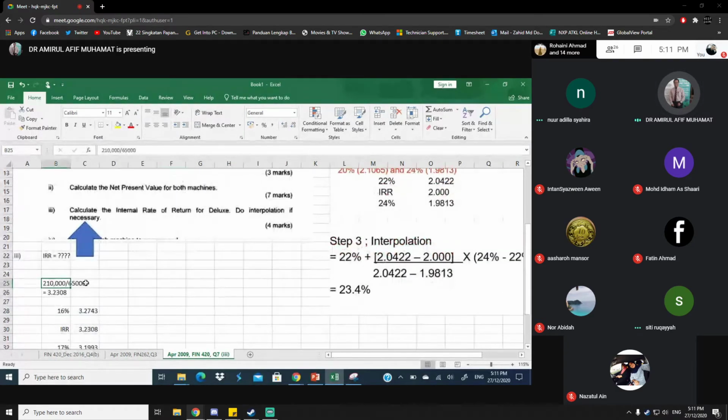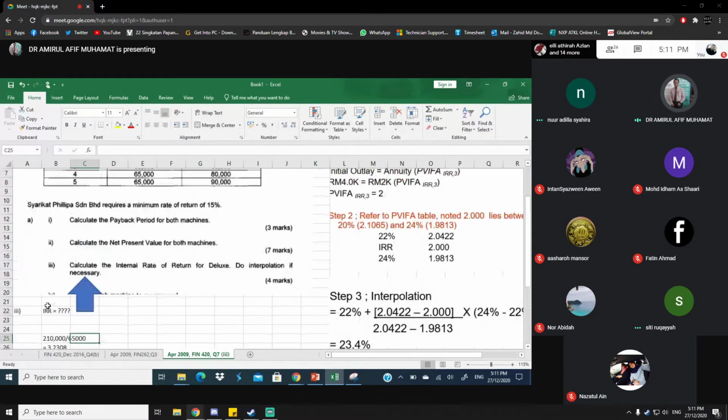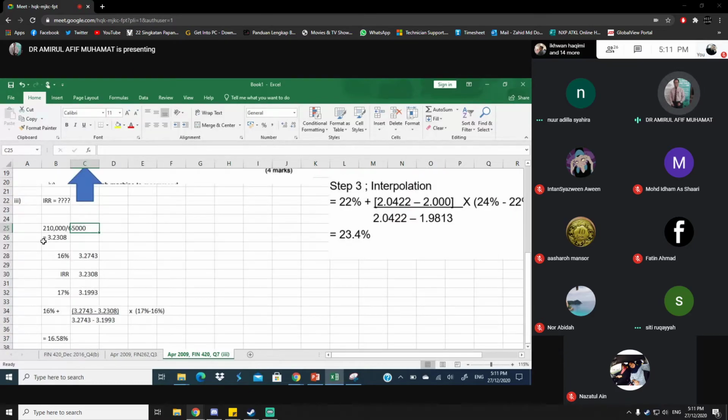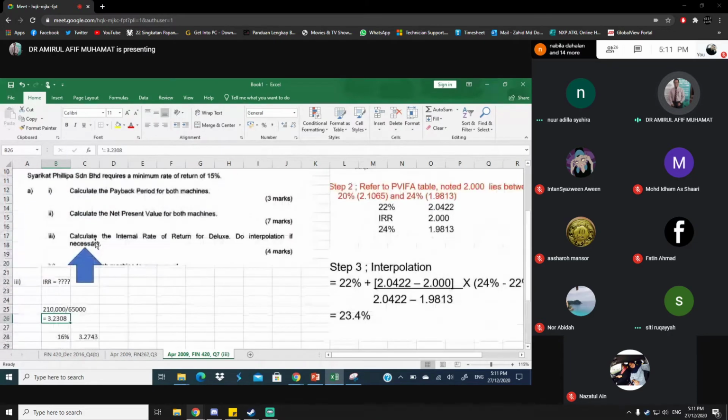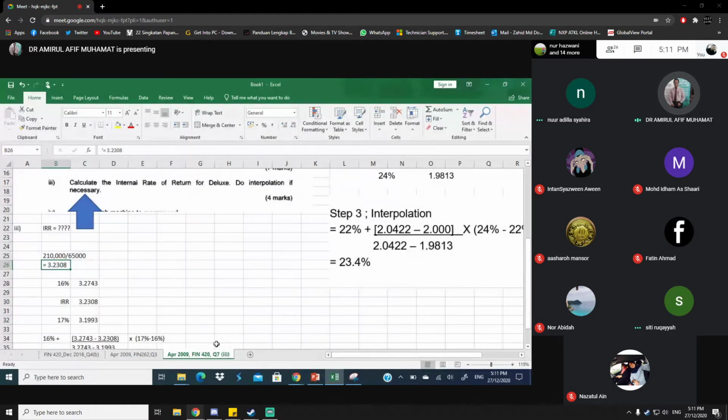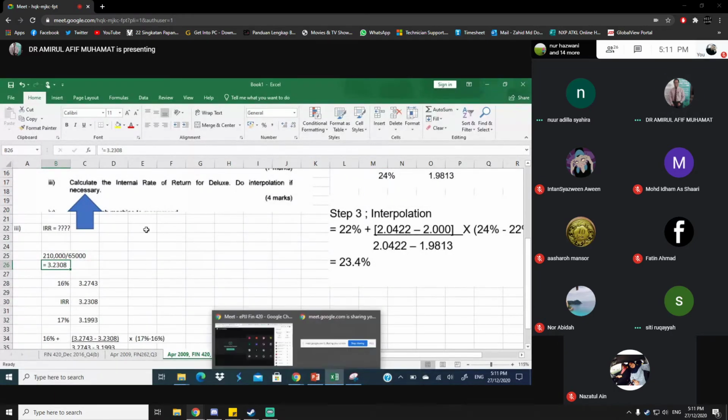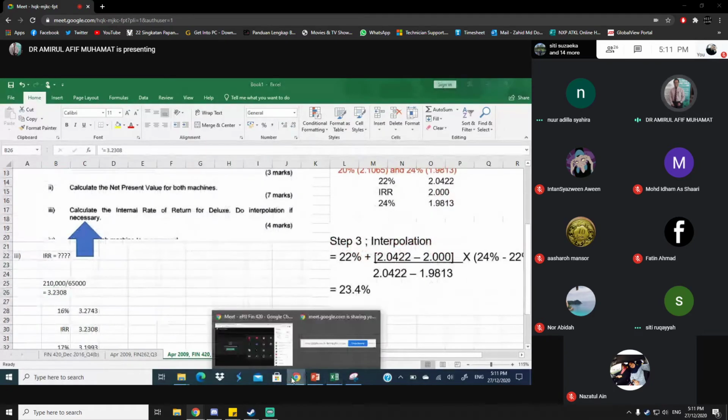So initial outlay divided by income, then you get the factor, which is 3.2308. So kalau you arrange ni, now you refer to the table. This is an annuity, so refer to the annuity table. Find 3.2308. Let's find together.